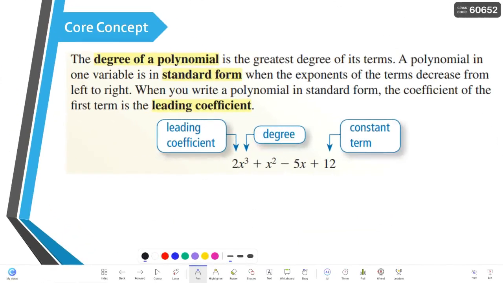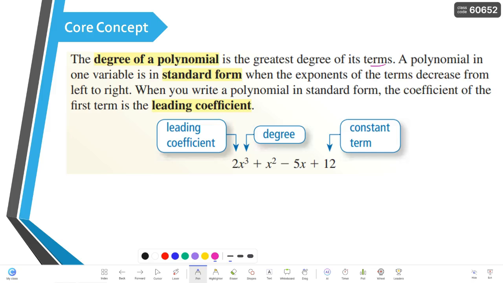Further, if we would like to find the degree of any polynomial, your polynomial should first be written in standard form, which makes the process of finding the degree easier. The degree is the greatest degree of its terms, or the highest exponent available in your polynomial.